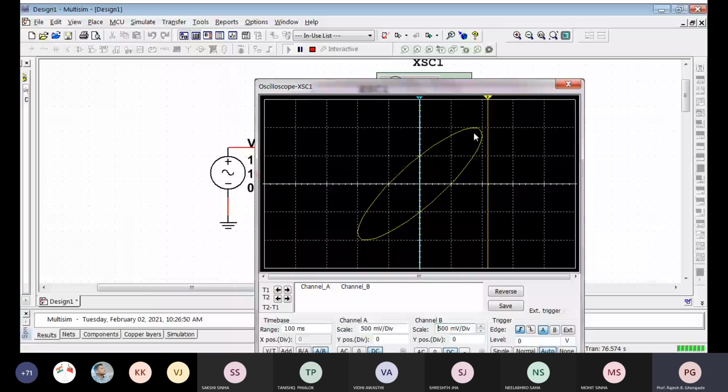Two divisions. The intercept of this is exactly at 1 point, isn't it? One division. Yes, sir. Is that fine? Yes, sir.